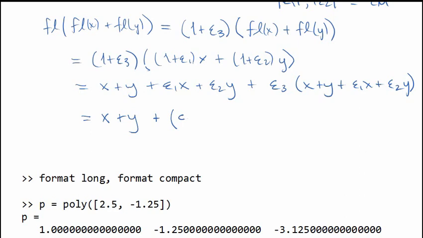So I have epsilon 1 plus epsilon 3 plus epsilon 1 times epsilon 3. And then times y, we have epsilon 2 plus epsilon 3 plus epsilon 2 epsilon 3 times y.